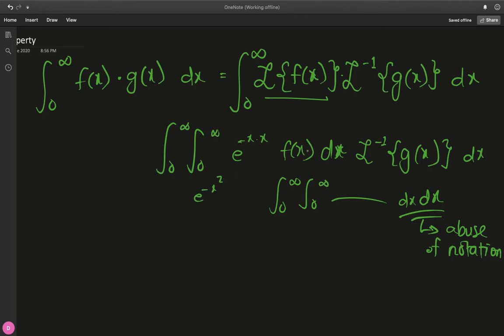So Gaussian functions times two functions of x and then integrated with respect to x two times. This is really bad, and we need to rectify this by having a dummy variable. I'll explain what a dummy variable will do in this context.